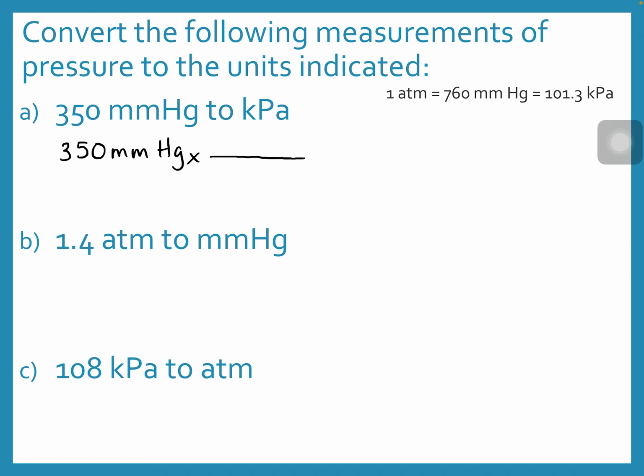So I want the millimeters of mercury on the bottom so that I can cancel. So remember, this is called the unit factor method. Allows me to cancel that, and that is equal to 101.3 kilopascals.